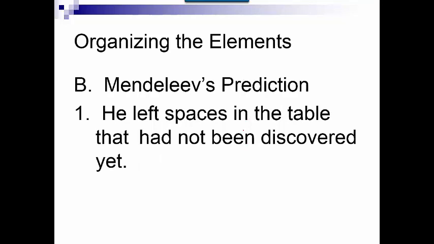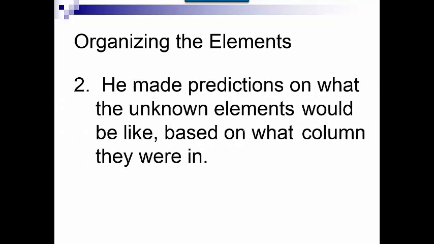Now, Mendeleev also had some empty spaces in that periodic table you saw just a moment ago, and he left those spaces in the table for elements that hadn't been discovered yet. And not only that, but he then made predictions on what those unknown elements would be like. So based on the family they were in and where the empty box was, because if you notice the masses normally increased as you went down as well, he was able to make some predictions.